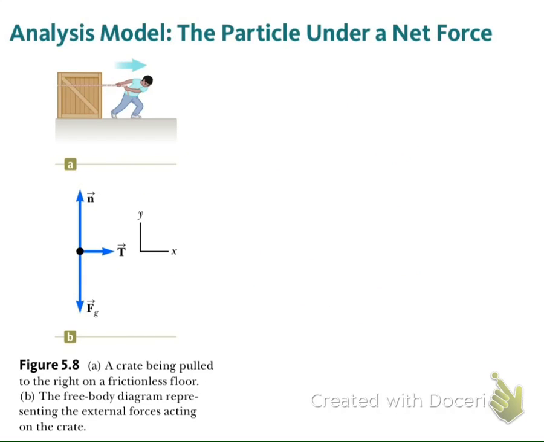Next, for the second class of problem, if we have the case that the net force is not equal to 0, it means that the acceleration, which equals the net force divided by the mass, is not 0.